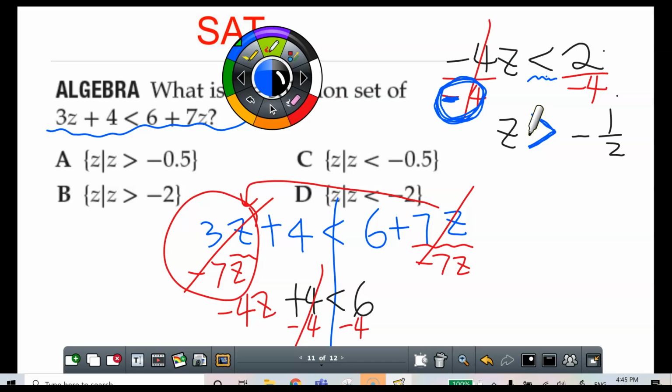Okay, so that's your answer, which is A. You see the difference between A and C? They're almost the same, but one is greater than, one is less than. So the trick here is, if you divide by a negative number, you have to switch the sign of the inequality. Okay.